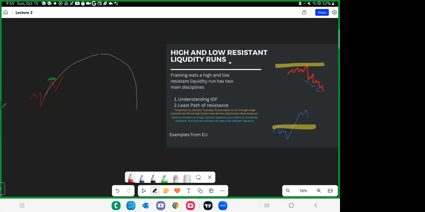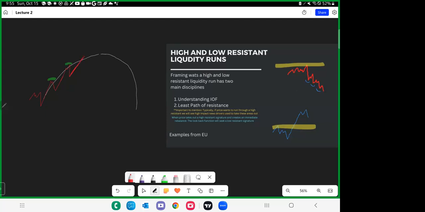Trade with the current state of institutional order flow, because price is going to have a much harder time trying to reach back and take out this level, at least until it reaches up into those higher time frame levels. That becomes a low resistant liquidity run. So you're taking this trade and you're anticipating a low resistant liquidity run back above that high, right? So price is going to be more prone to create new highs than it is for making new lows.